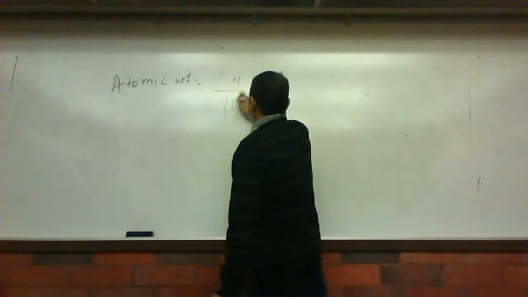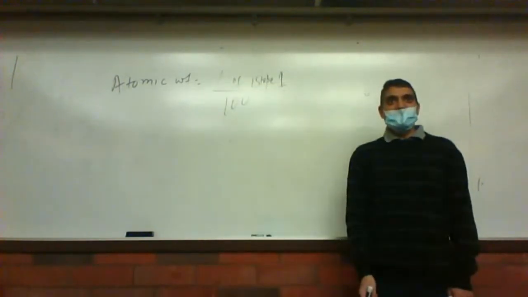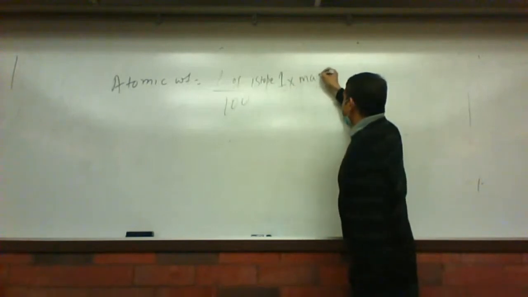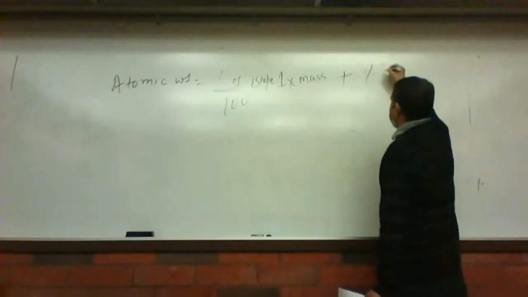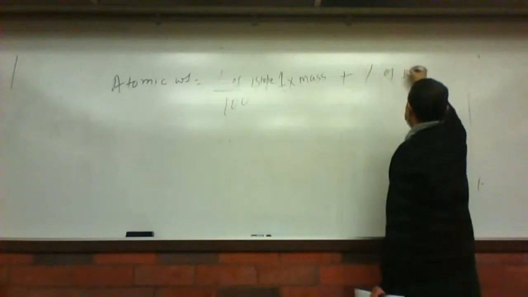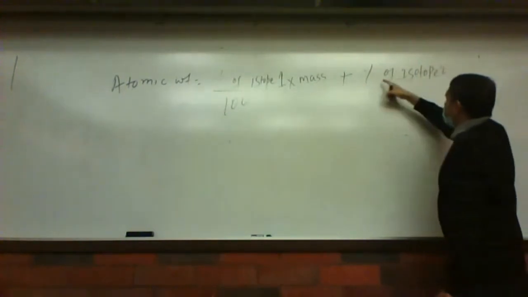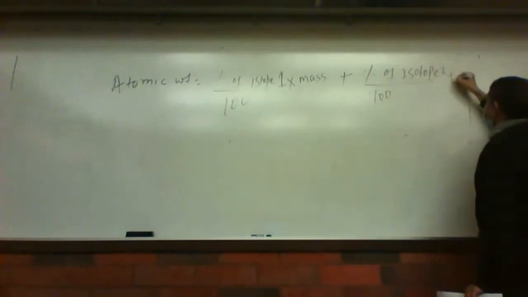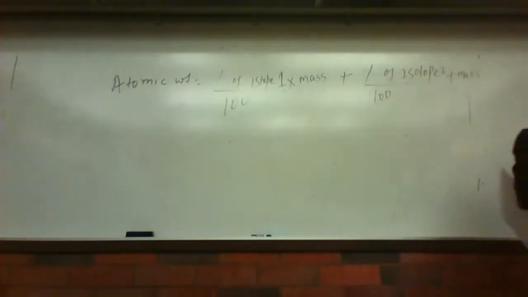To remove the percentage, you write the 100 here, and then multiply by the mass of this isotope. Plus the percentage of another isotope, isotope 2, and to remove this percentage, you put 100 here, and then the mass of that isotope. So this gives you the atomic weight.